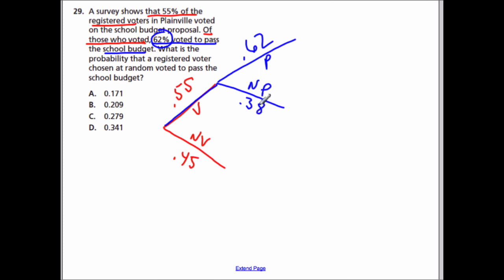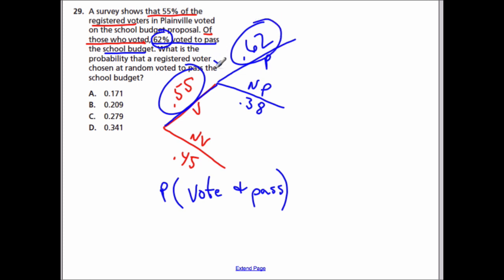When they ask this type of question, what's the probability that they voted and passed, you multiply the two branches. The probability of vote and pass is the probability of voting times the probability of it passing. 0.55 times 0.62, you get 0.341. So my answer is D as in dog.